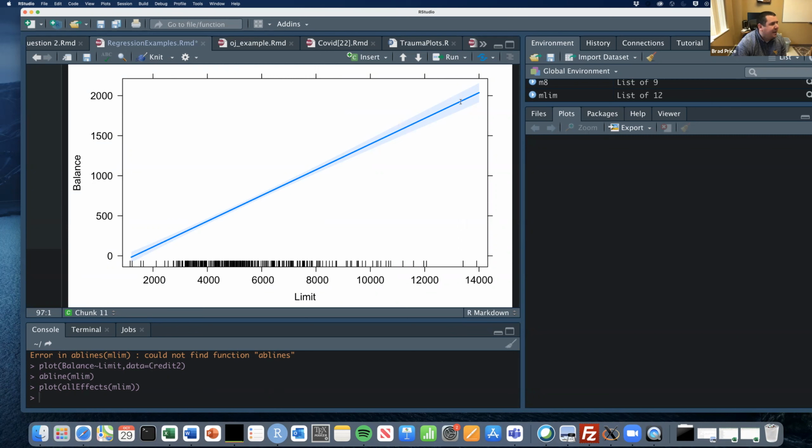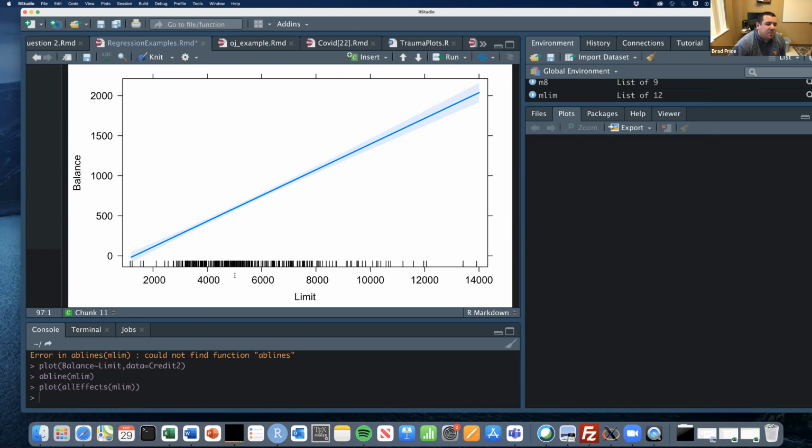That blue line is my regression line. That gray space or that light blue space is my confidence interval. Sam, what's up? What are those little lines on the x-axis at the bottom? That's where your data is. What it's telling you right here is there's a data point that corresponds to limit at that value, okay?